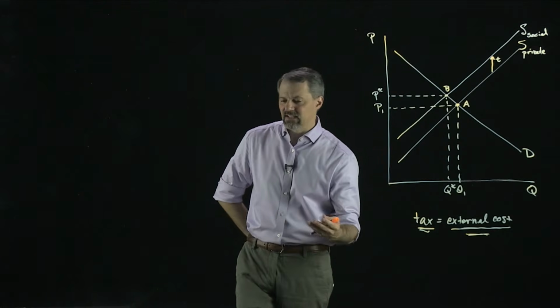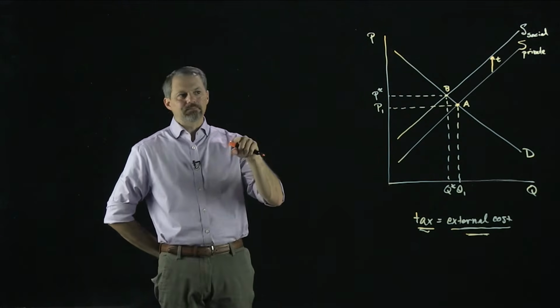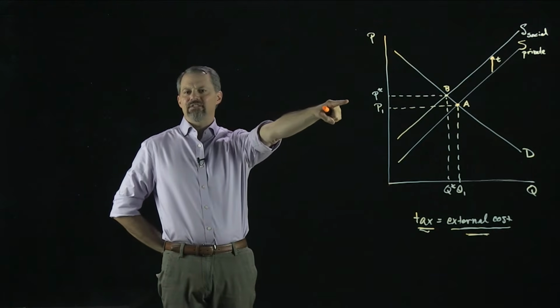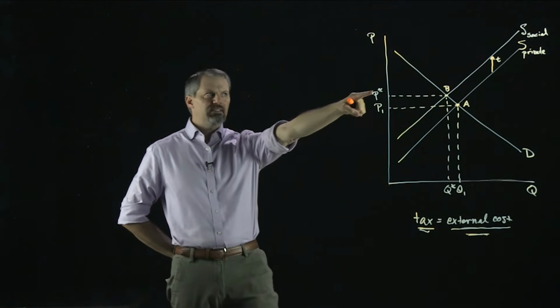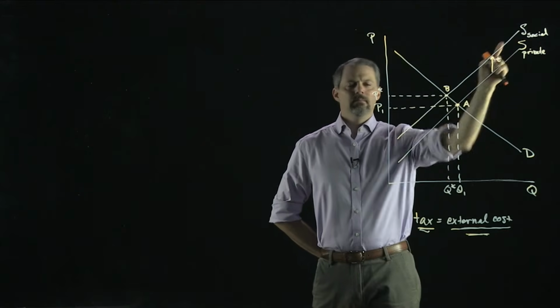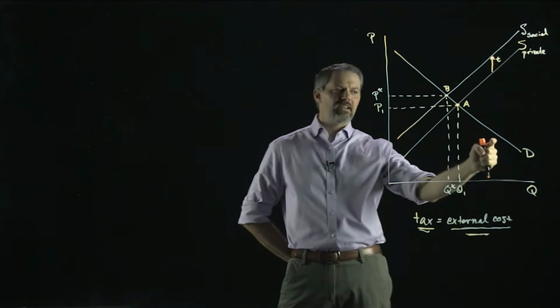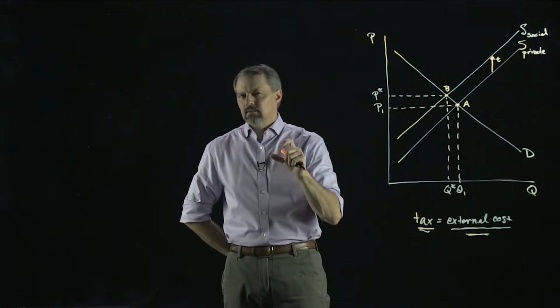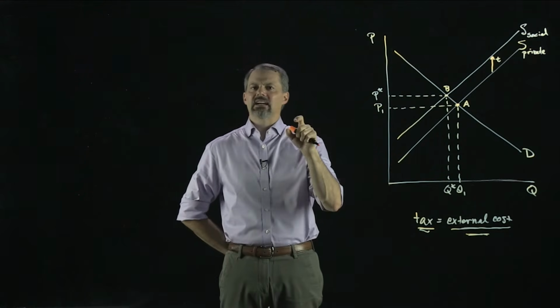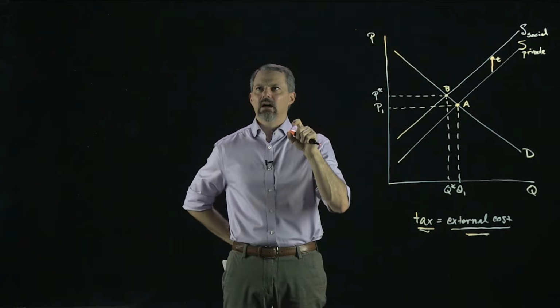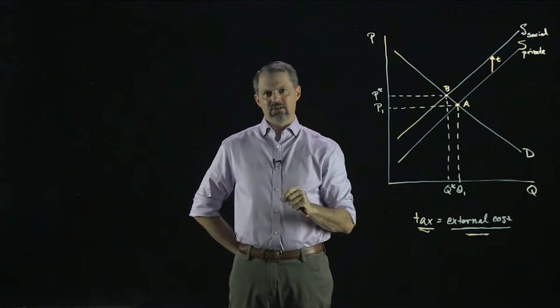Here's an interesting thing about this. What we know is that we could get that efficient outcome by taxing the producers. We could also get that efficient outcome if we tax the buyers. Politically, that seems like an unpopular thing to do.